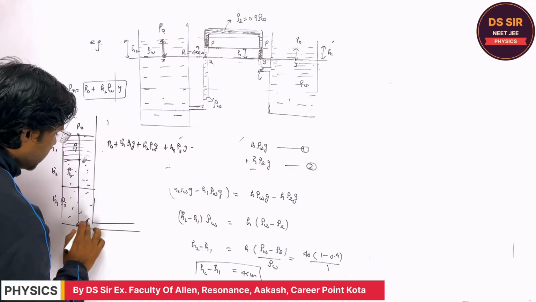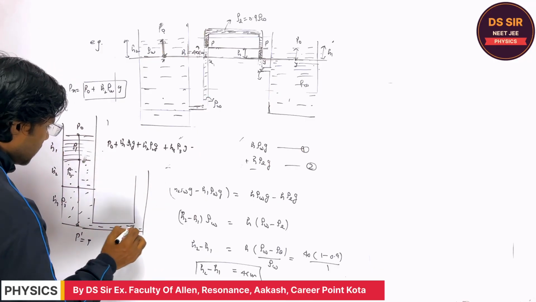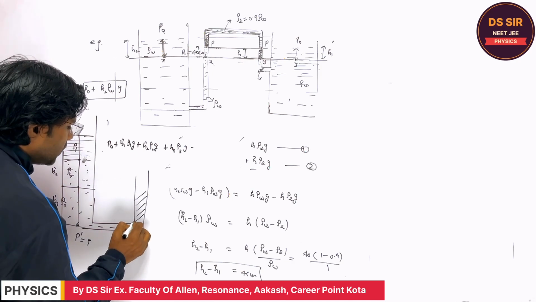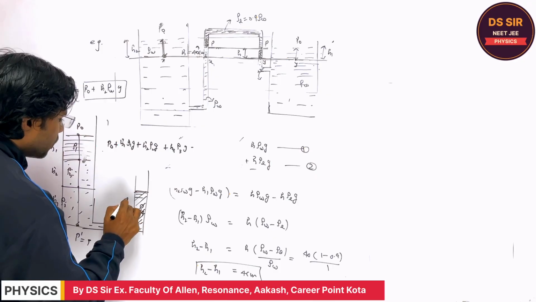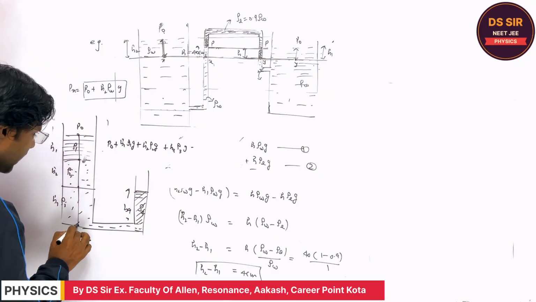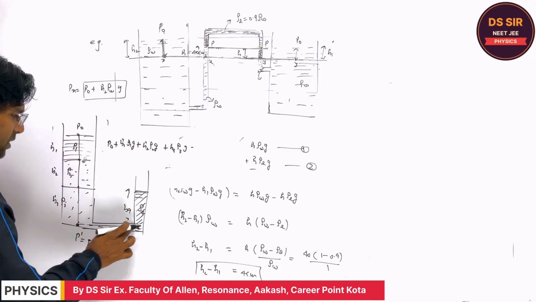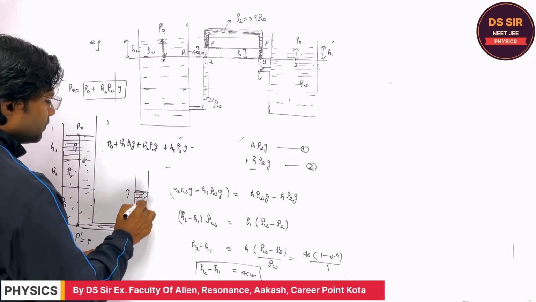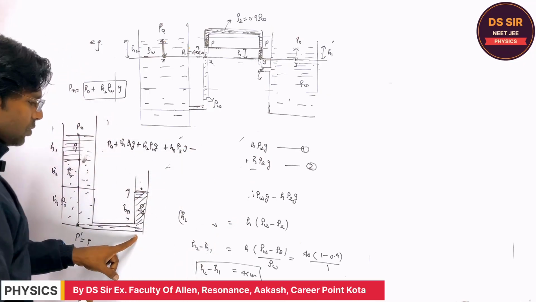Listen, one more thing. Now this is connected to some other level like this. Is it clear or not? Now some other liquid is over there. The density is rho 4. This is H4. So now I have written the pressure at this point. The pressure in the same liquid is the same. So if we move up, what to do?